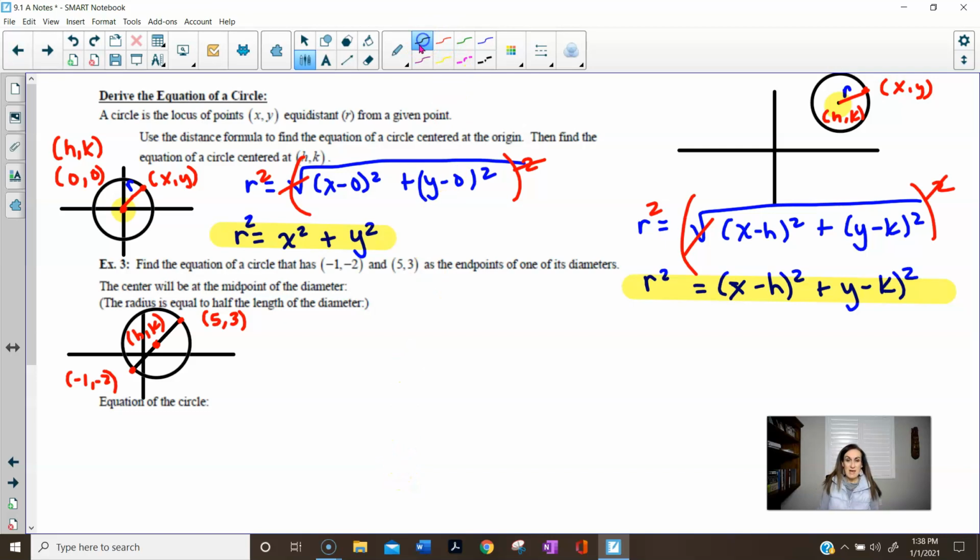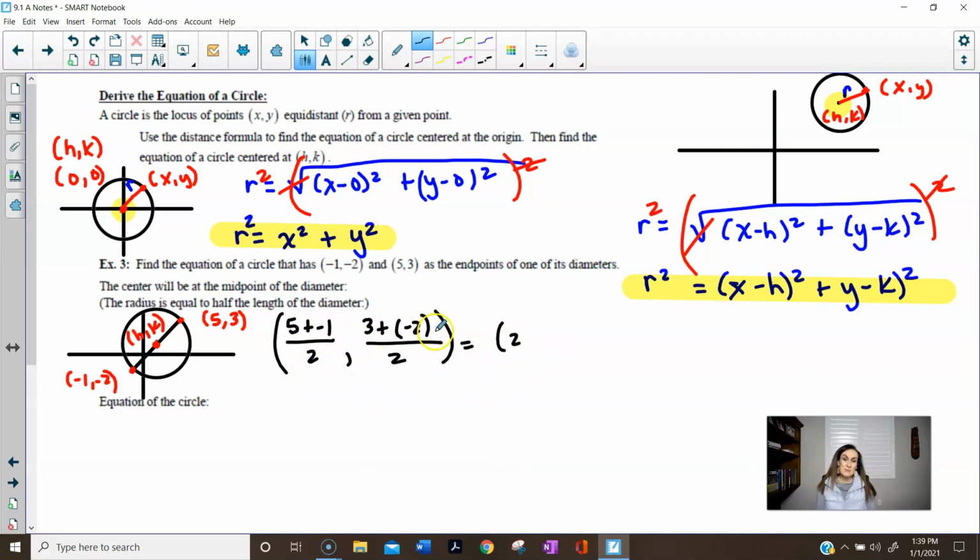So let's do that first. You'll add your x values together, so 5 plus -1, and then cut it in half, and then 3 plus -2, or you could just put 3 subtract 2 and cut it in half. That's going to be my (h, k). So 4 divided by 2 is 2.